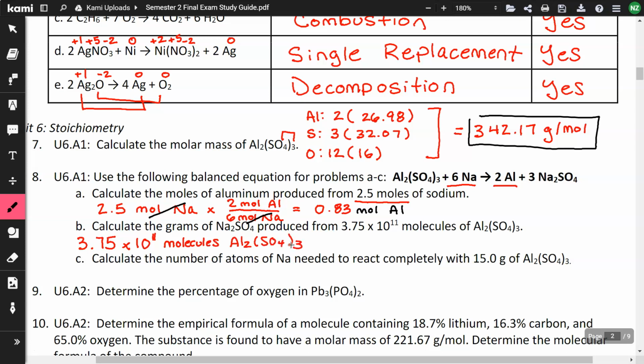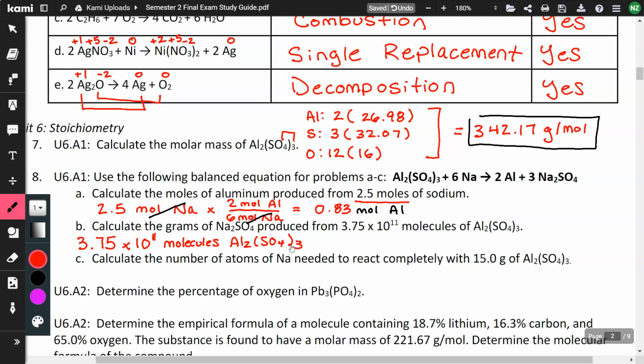Okay, so we're going to need a couple steps here because it's asking us to find grams of our Na2SO4. So first thing we're going to need to do is convert to moles.